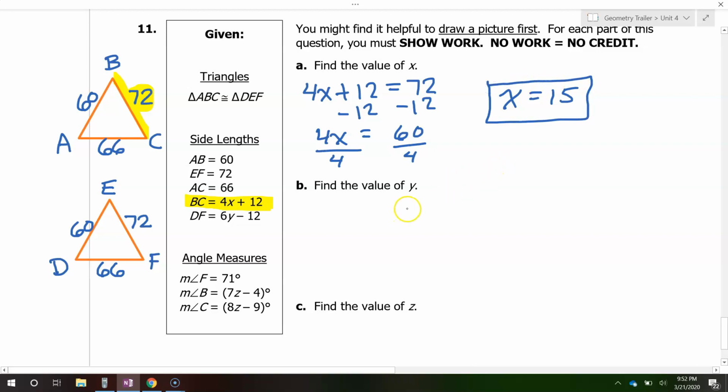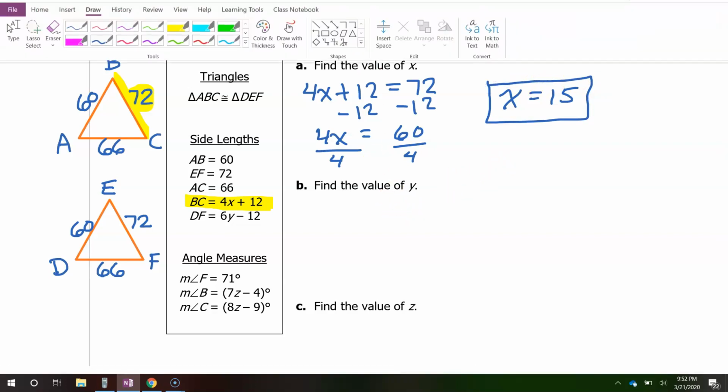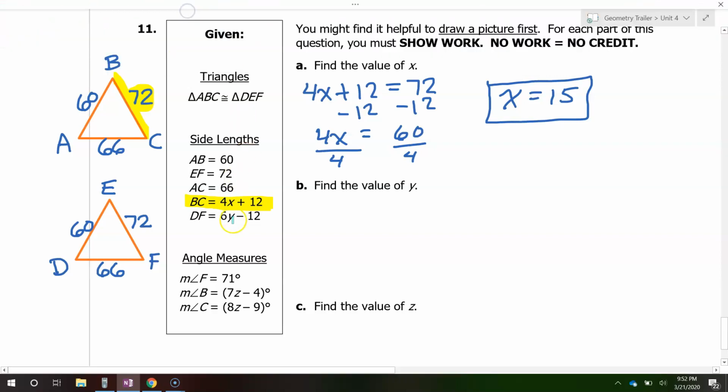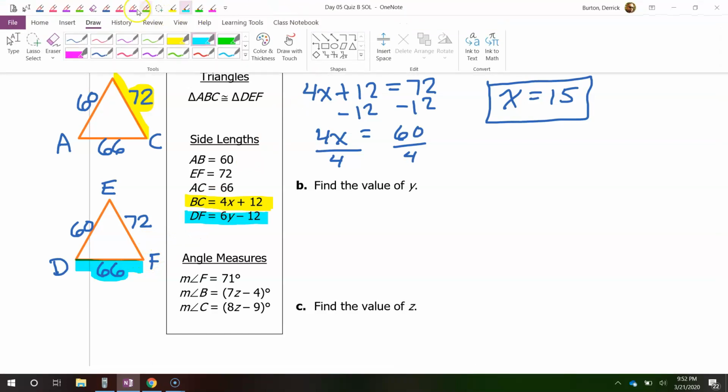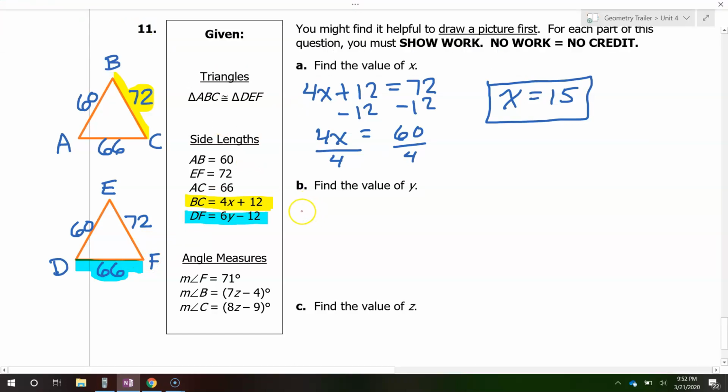All right, now I need to find the value of y. I see a y right here. That's DF. Where is DF? Here's DF right here. Okay, so that should equal 66. So that means that 6y minus 12 should equal 66.